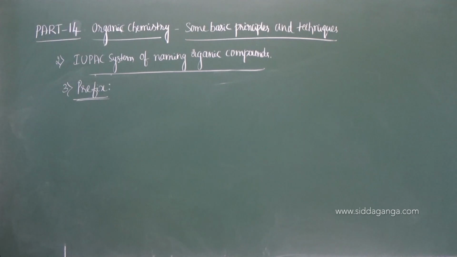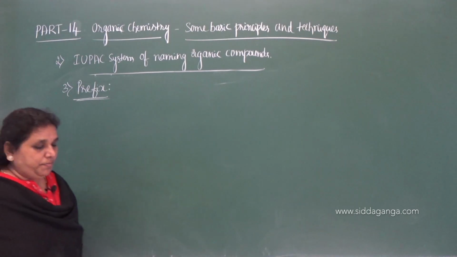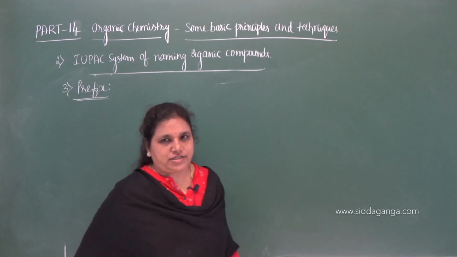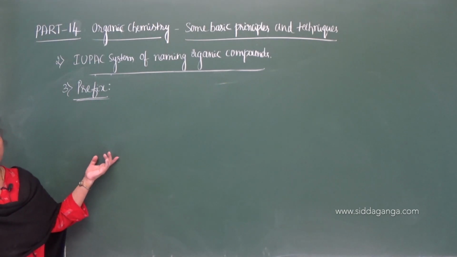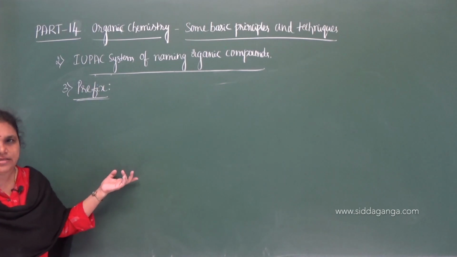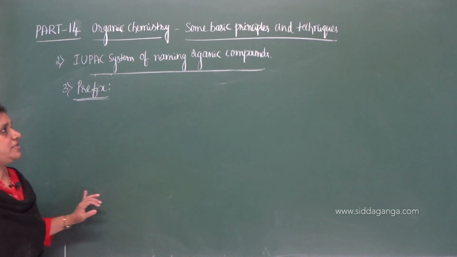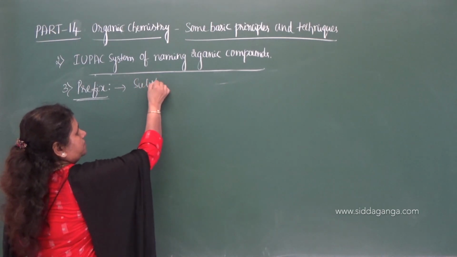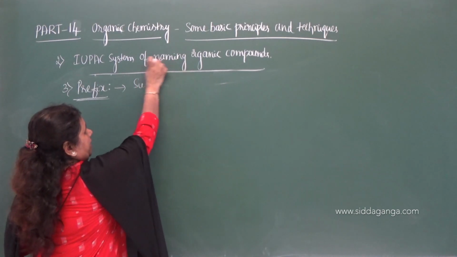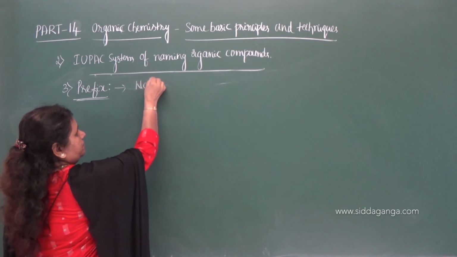Prefix is always added before the root word. Before going to that, what does the prefix indicate in the IUPAC name? This prefix indicates substituent groups, the nature of substituent groups.